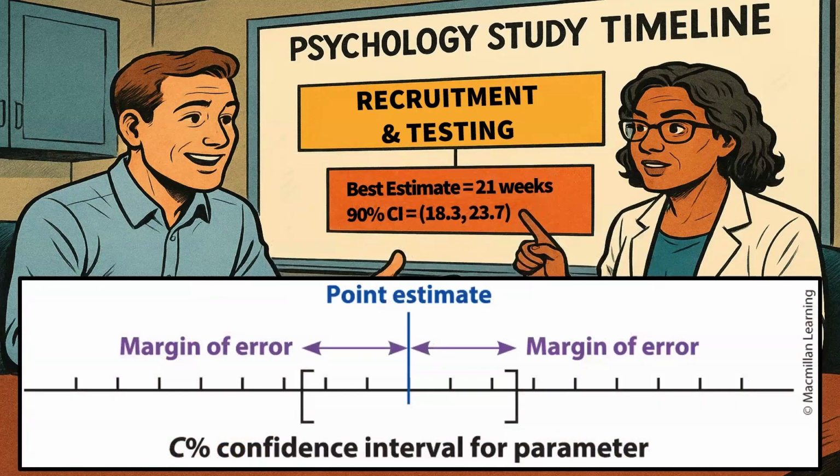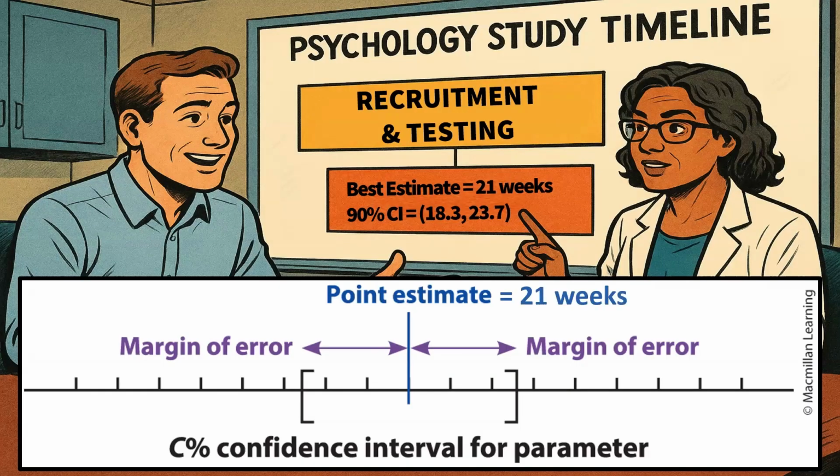So to just kind of give you a visual of this, these are the components of your confidence interval. So we have a point estimate there in blue, and then we have a margin of error in purple. Margin of error to the left, that's the margin of error that goes lower. Margin of error to the right, that's the margin of error that goes higher. So for this project, for Dr. Rivera's psychology study, we have a point estimate of 21 weeks.